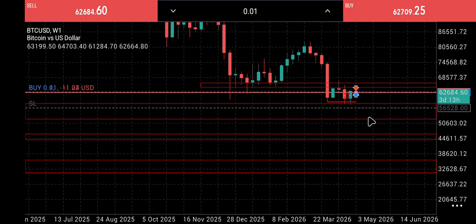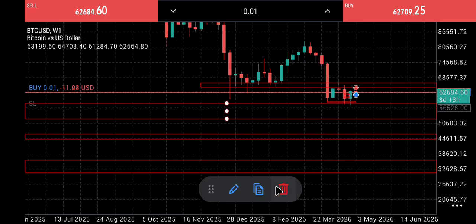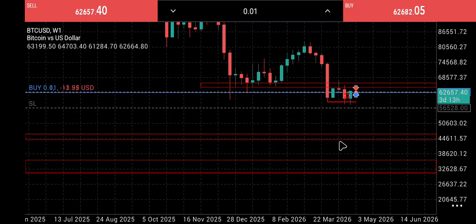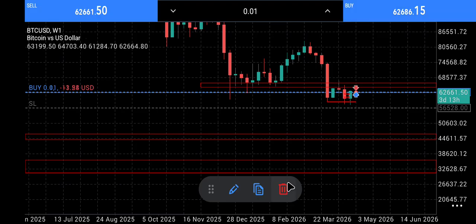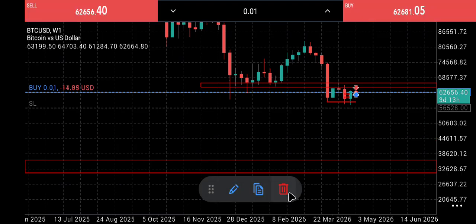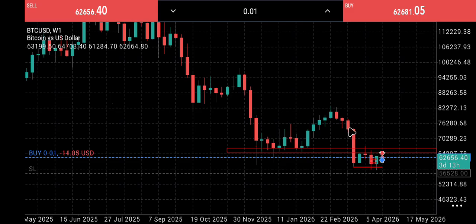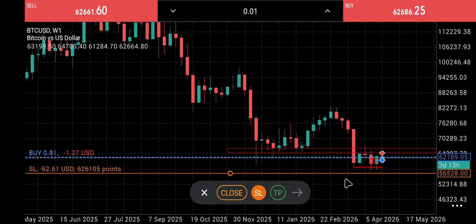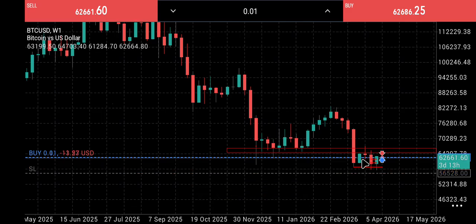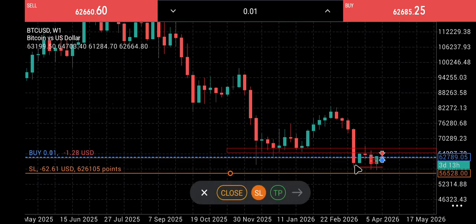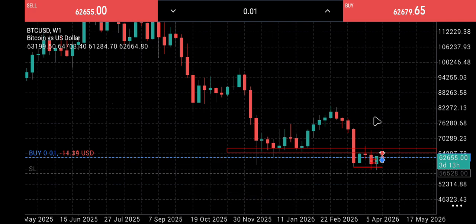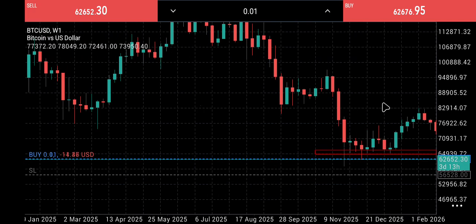So as a trader, you need to do technical analysis or fundamental analysis to determine your area of value where you can place your order, where you can place your trade.